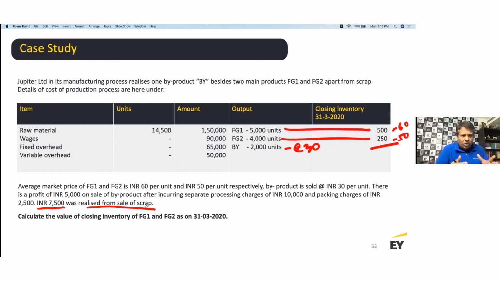Okay, so I've got all the information here. Now I need to apply that in practice. So how much is my realizable value of the byproducts? I made 2,000 units of byproduct at the rate of 30. Then I had 10,000 rupees of processing, and then 2,500 of packing, right?